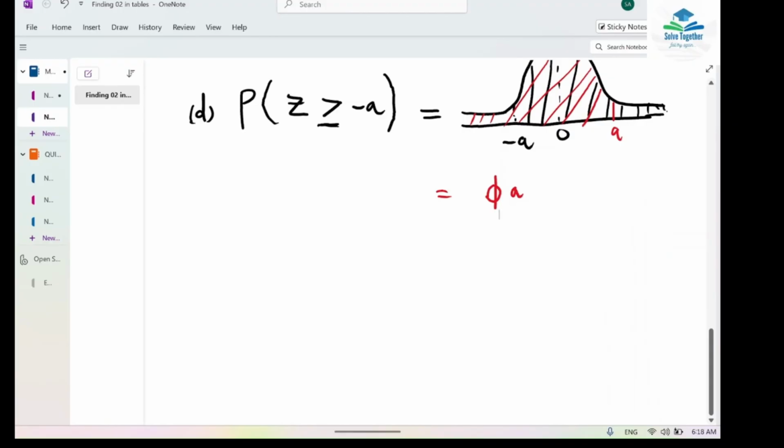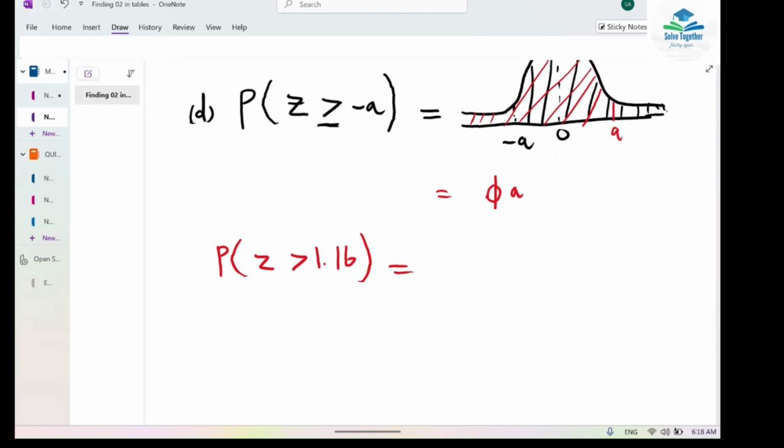So let's find an example. For example, let's say we are required to find the probability of Z being greater than minus 1.16.